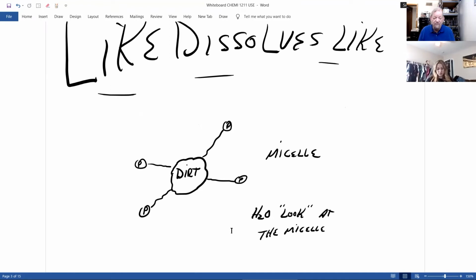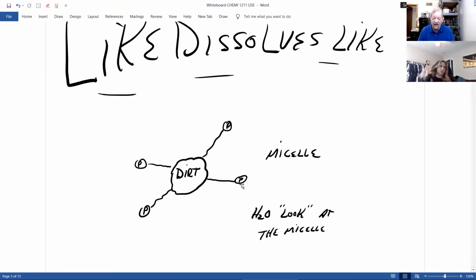because one's polar, one's nonpolar. But when you use a surfactant, something that interacts at the surface of two different things, like dirt in your hand and water, the dirt interacts with the nonpolar tail of soap.